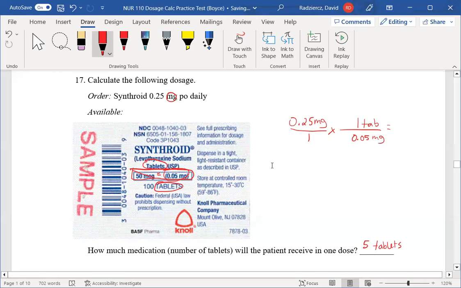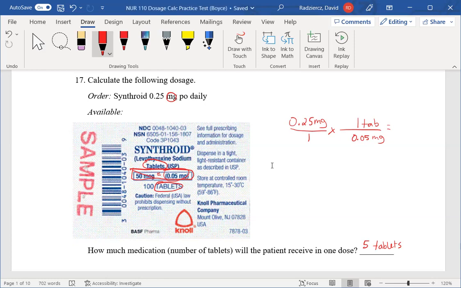I have a quick question. Go ahead. So I know that's the answer, but doesn't that sound kind of excessive giving somebody 5 tablets of just one medication? Yeah. So what I always say is you're in the CCAC math bubble, and we can disperse from reality just for a few minutes, but I agree with you 100%. I can't remember if I got this from somewhere or if I created it.